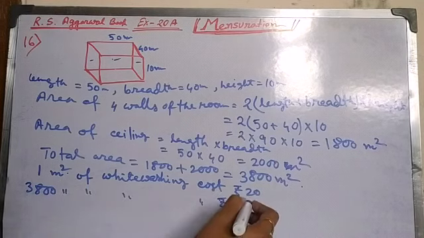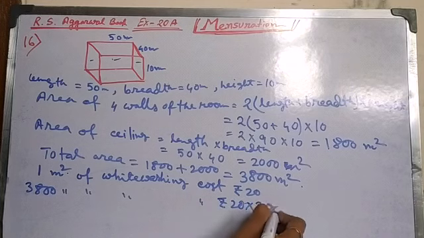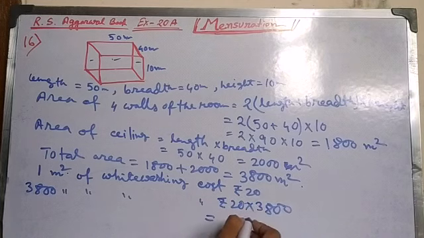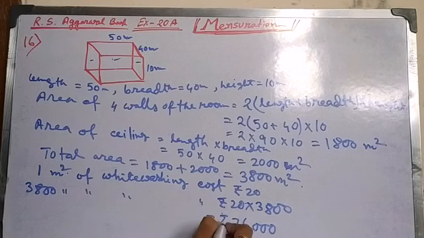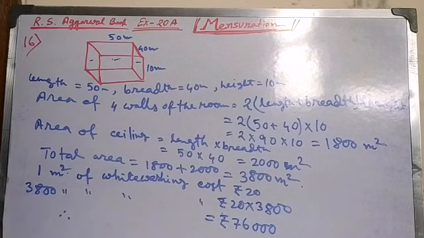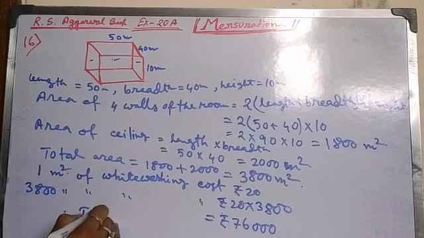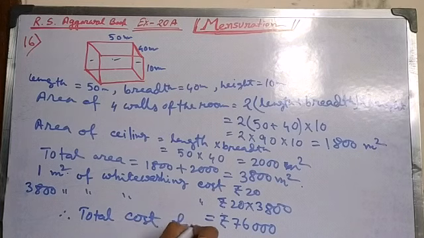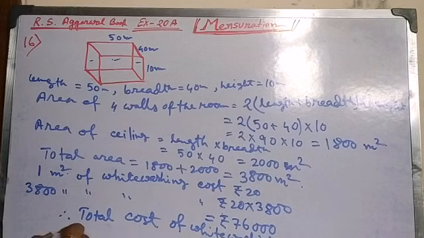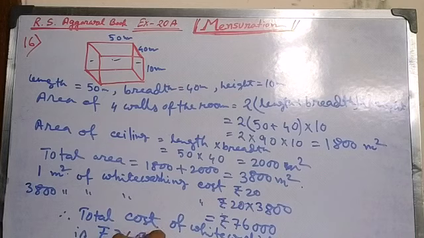That means 20 into 3800. That means 76,000 rupees. Therefore, the total cost of whitewashing is rupees 76,000.